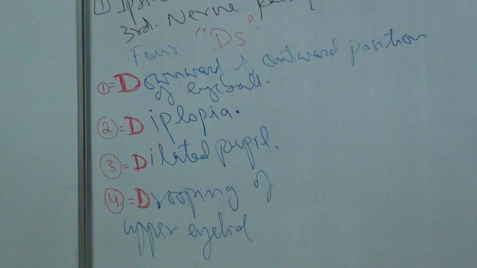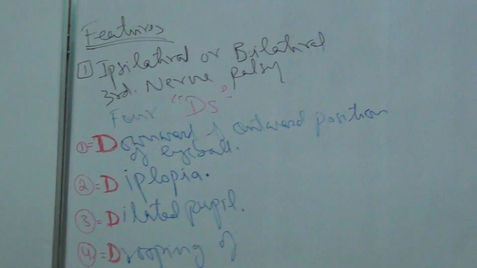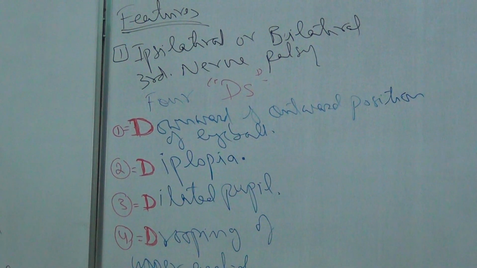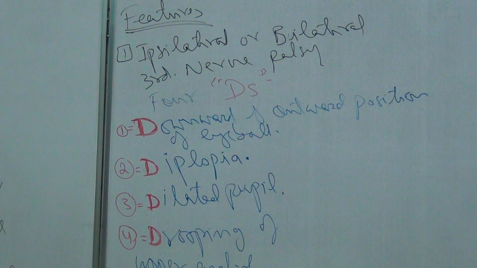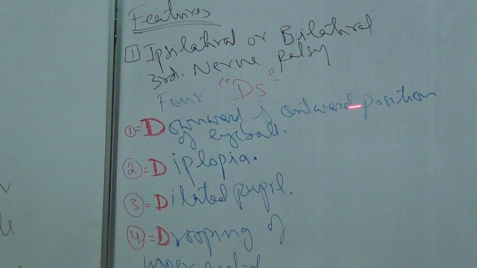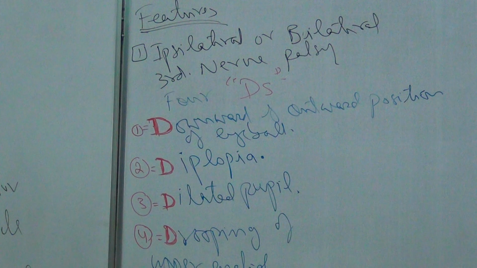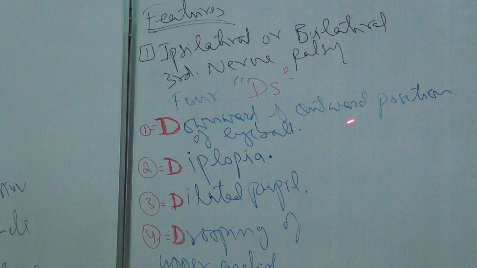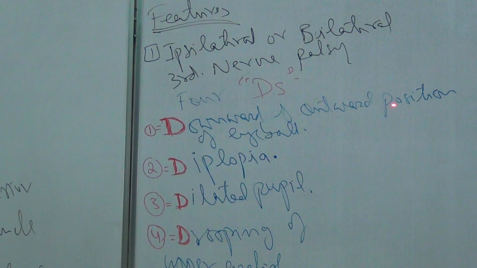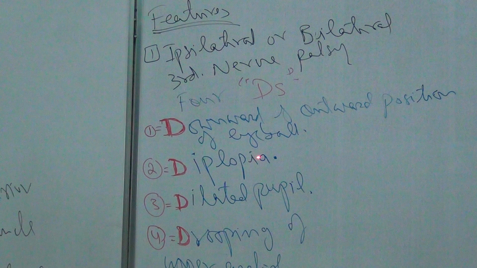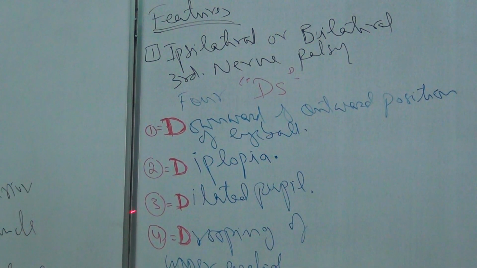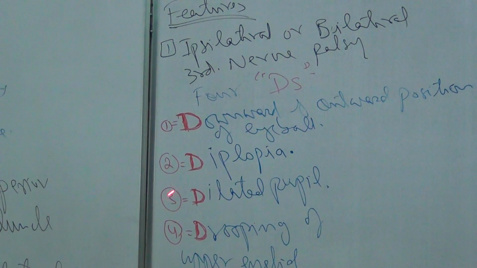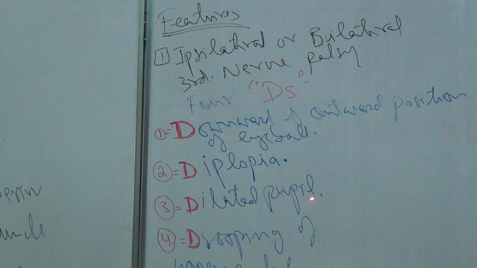Because the third nerve palsy involves the majority of the extraocular muscles, the lateral rectus muscle is unopposed and moves the eyeball outwards, abducting it, and because of this there is squint or strabismus, and due to it there is double vision, diplopia. Then the pupil becomes dilated, because the dilator pupillae muscle is unopposed.